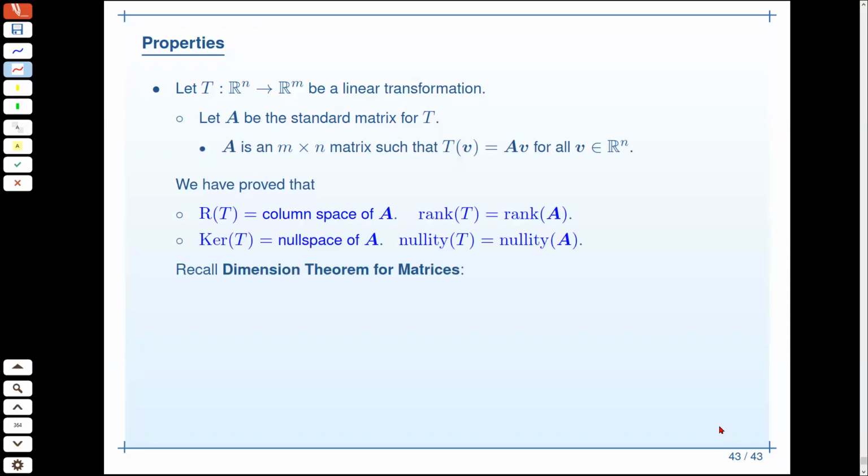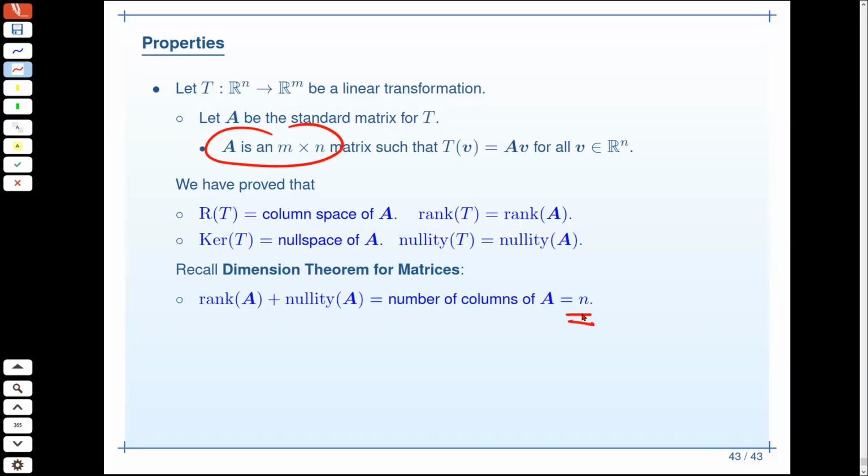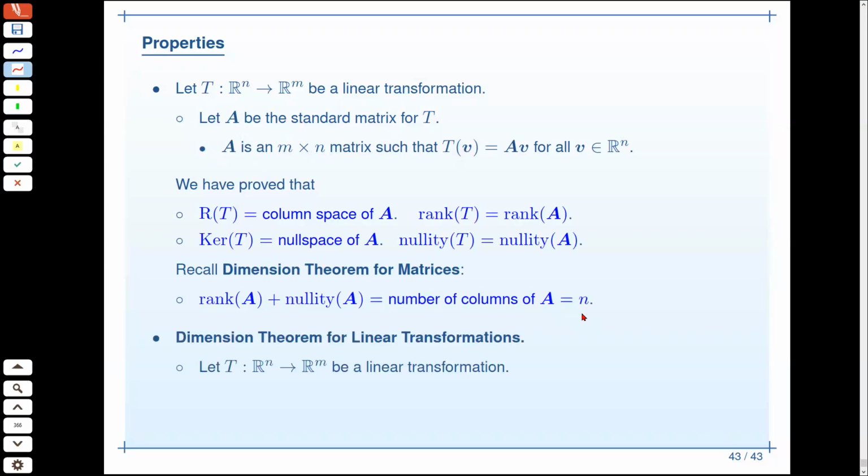So recall, we have the dimension theorem for matrices. For any matrix A, the rank of A plus the nullity of A is the number of columns of A. In this case, A is n by n, so this is n. And the dimension theorem for linear transformations, we just copy it.